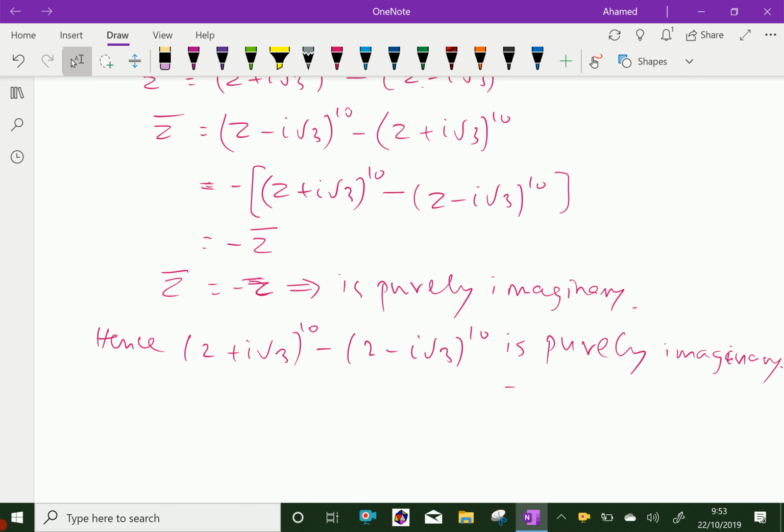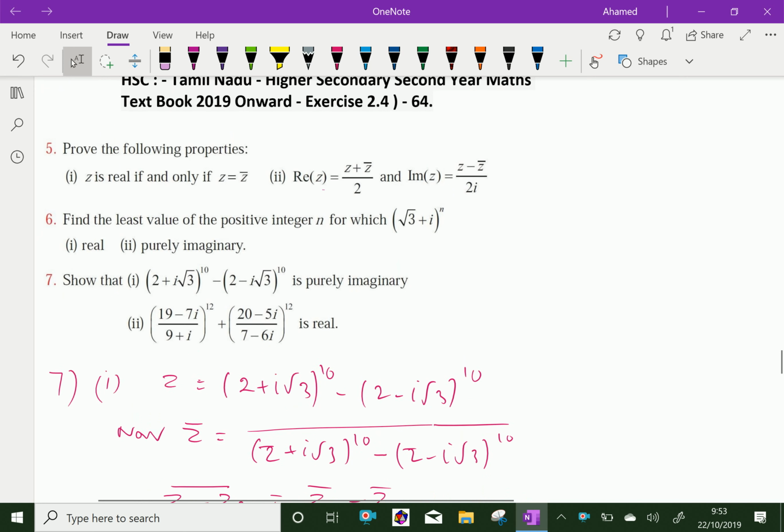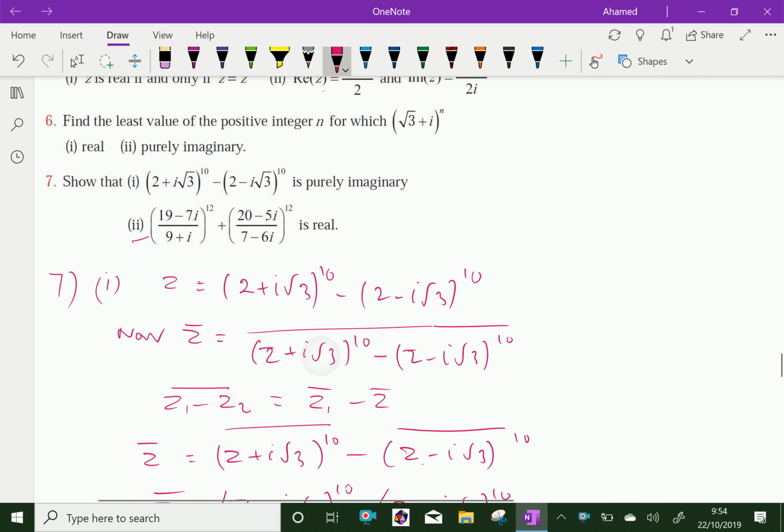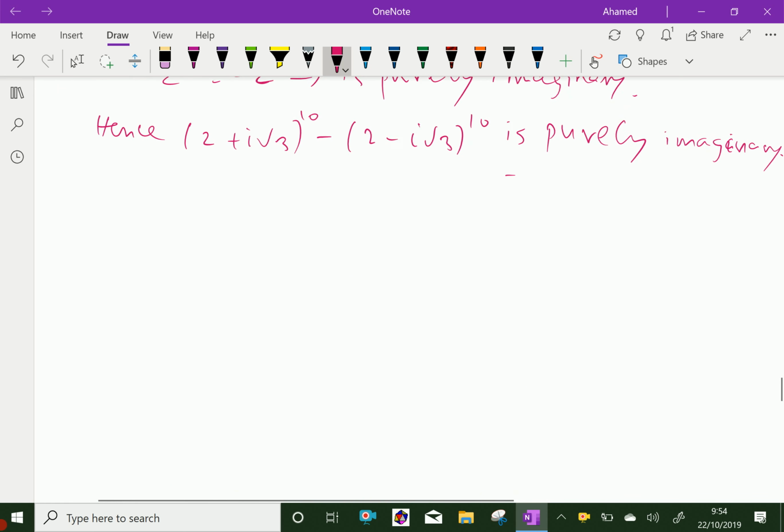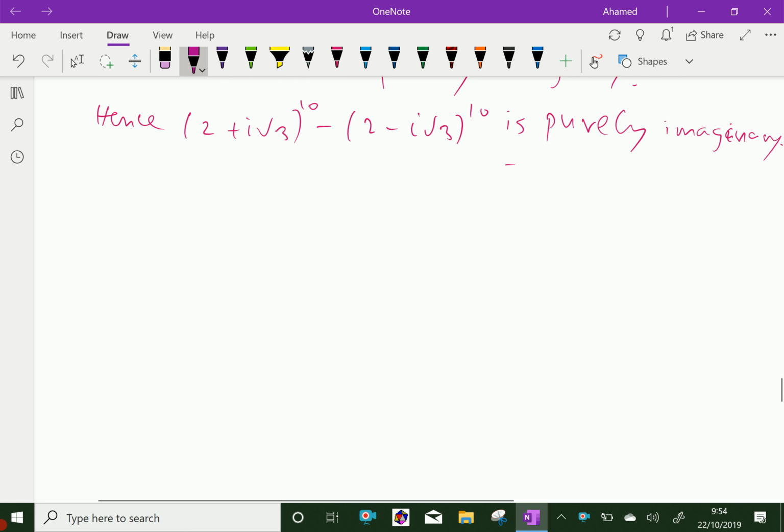Second part of the question we'll do here. Consider (19 − 7i)/(9 + i).